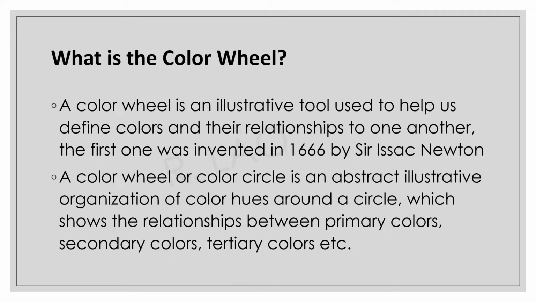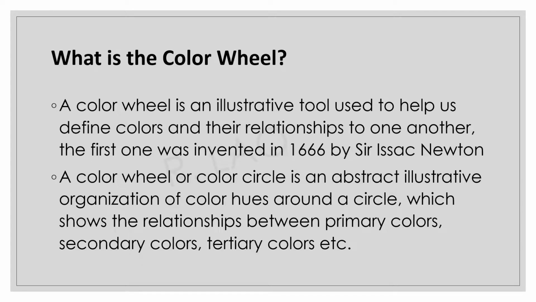Around a circle, it shows the relationship between primary colors, secondary colors, tertiary colors, and so on. So Isaac Newton was the first to invent the color wheel. We have several kinds of colors that we can see in the color wheel under the principle.